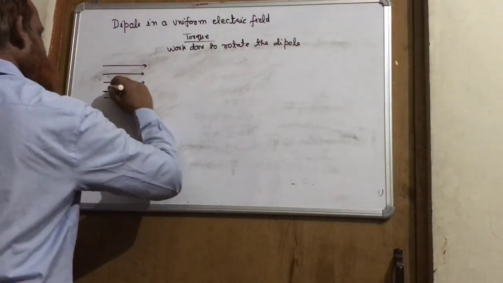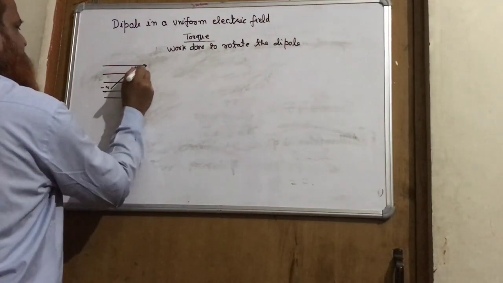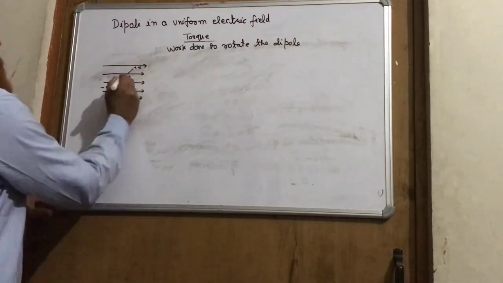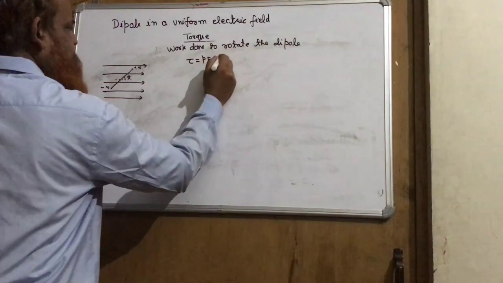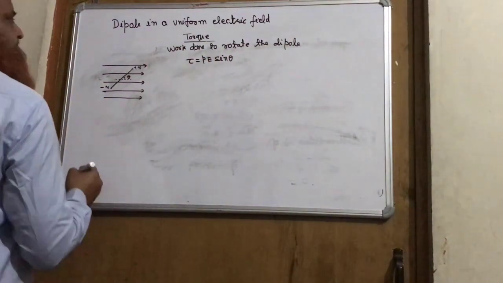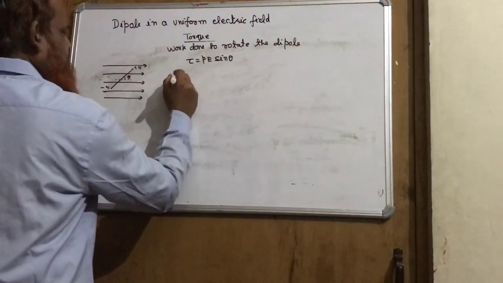Initially the dipole is at angle theta, so it will experience a torque pE sin theta. Let us rotate it through a very small angle d theta.